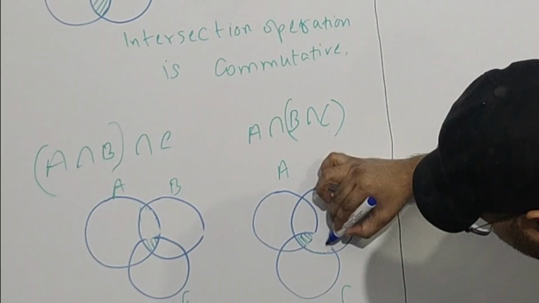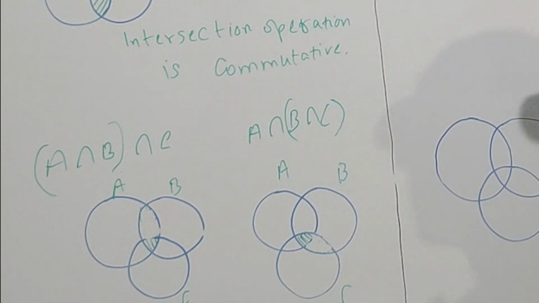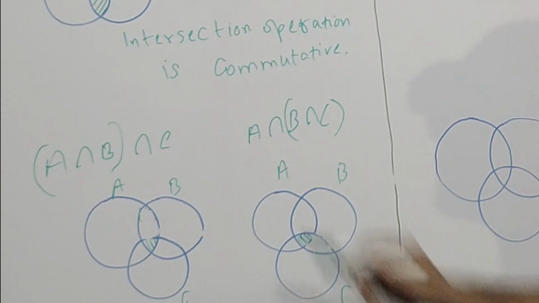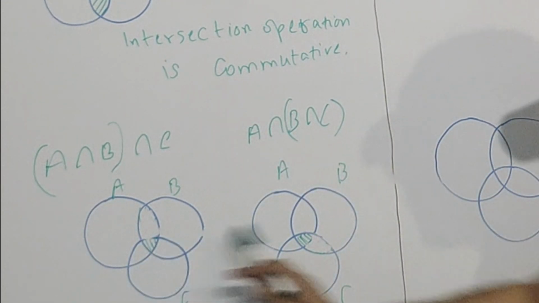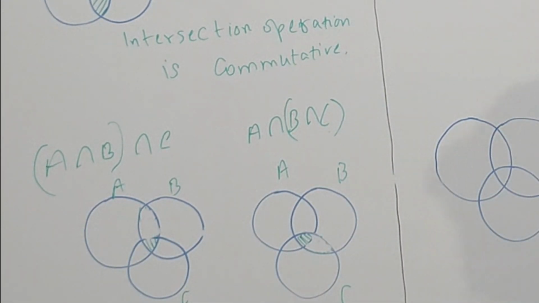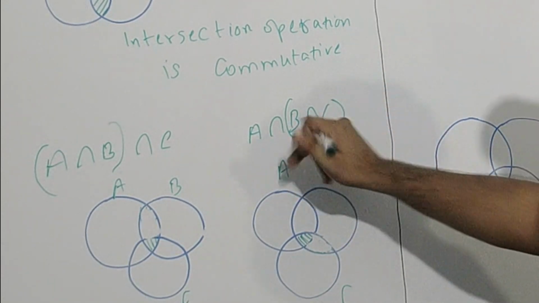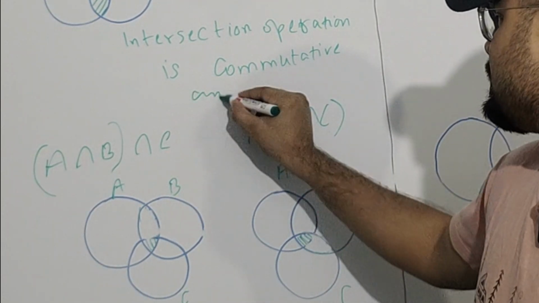So intersection operation is commutative and associative.